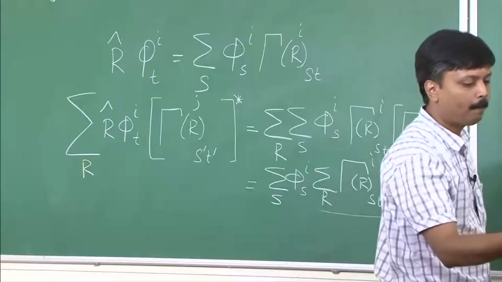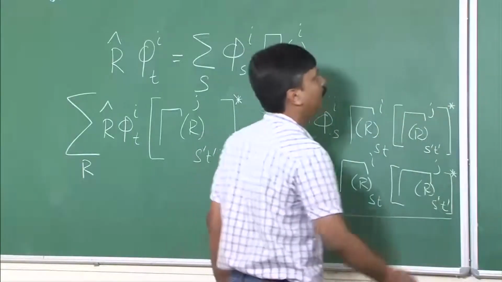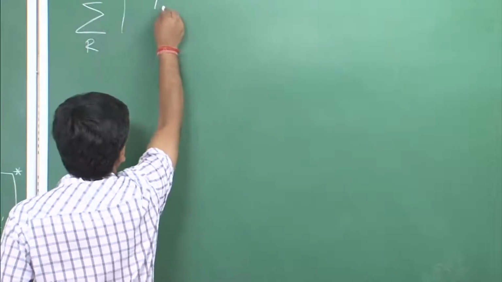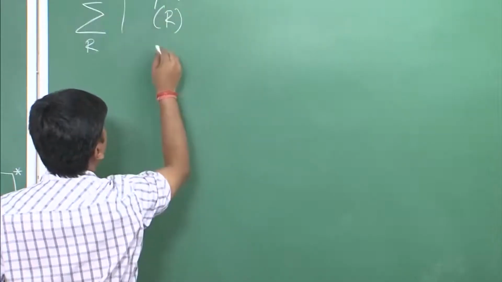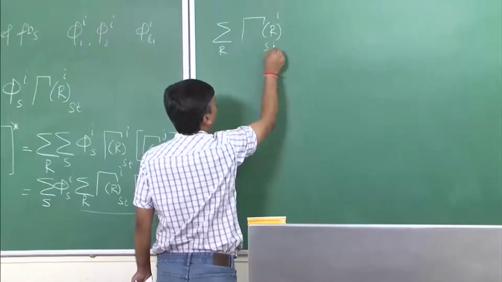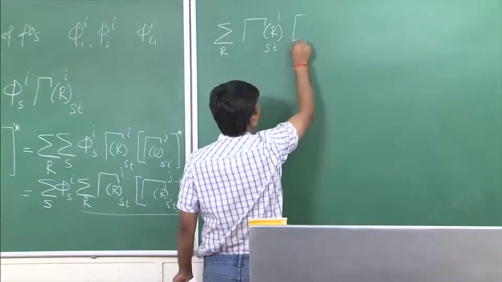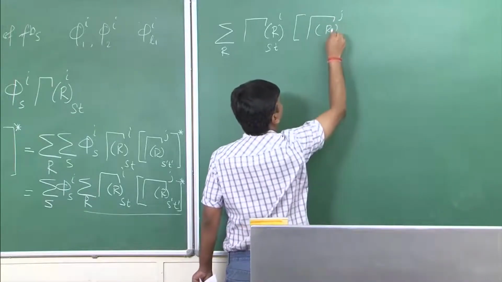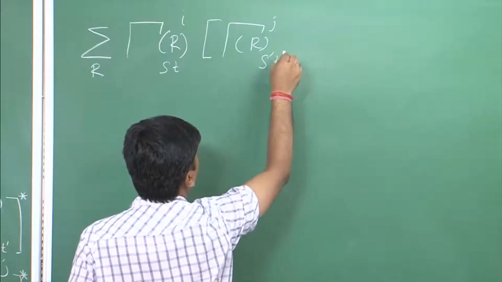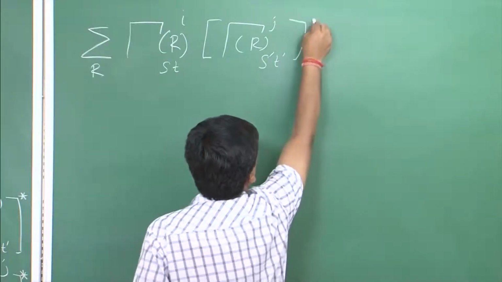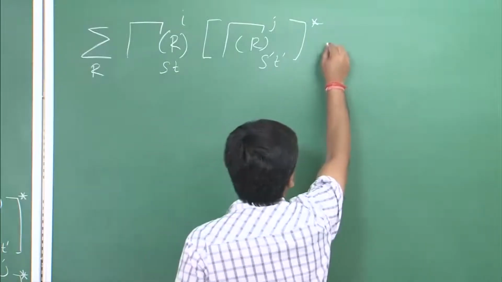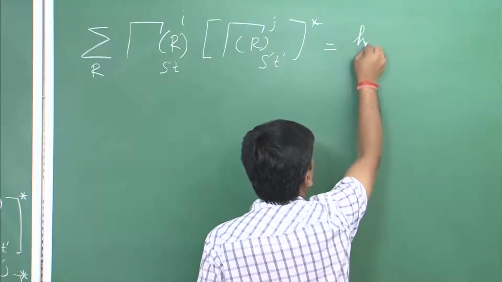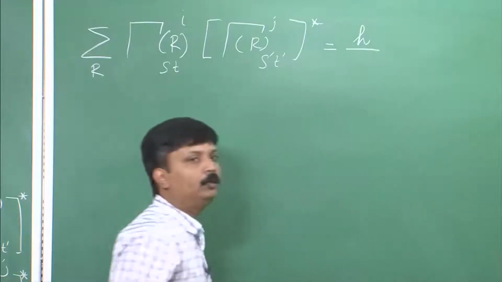If I take this one, it is the sum over R of gamma of R for the ith irreducible representation having elements s and t, multiplied by gamma of R for the jth irreducible representation having elements s prime t prime, is equal to, if you remember the great orthogonality theorem that we have discussed earlier, we have considered the order of the group to be h.